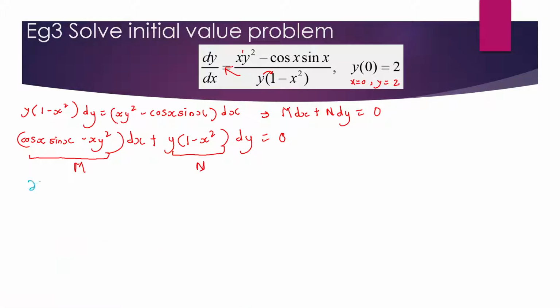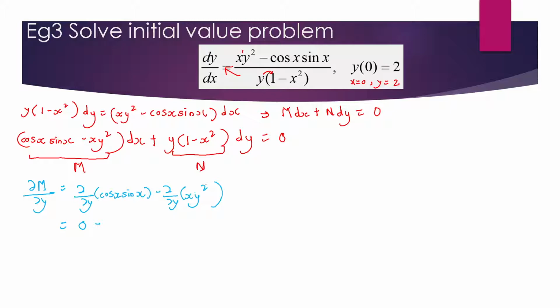Meaning you take del del y of each term: del del y of cos x sin x minus del del y of x y squared. When you take del del y, x is constant, so the first term gives 0. For del del y of x y squared, you have minus.